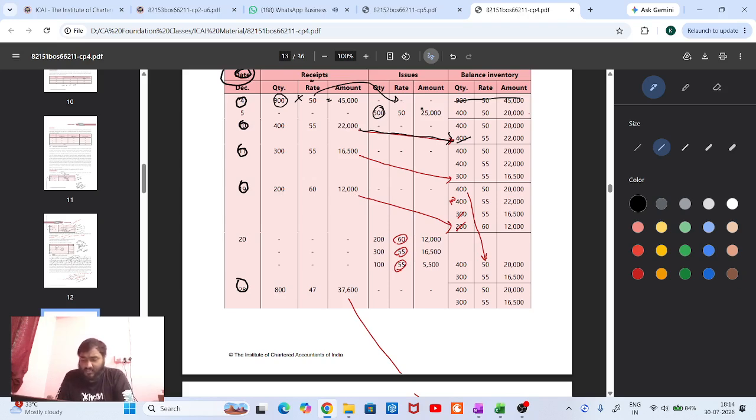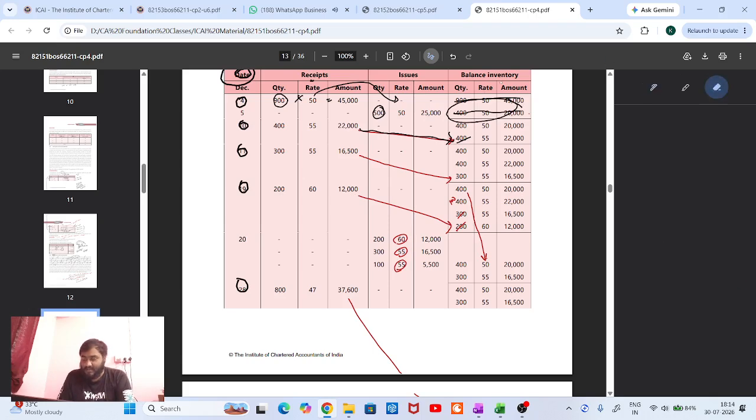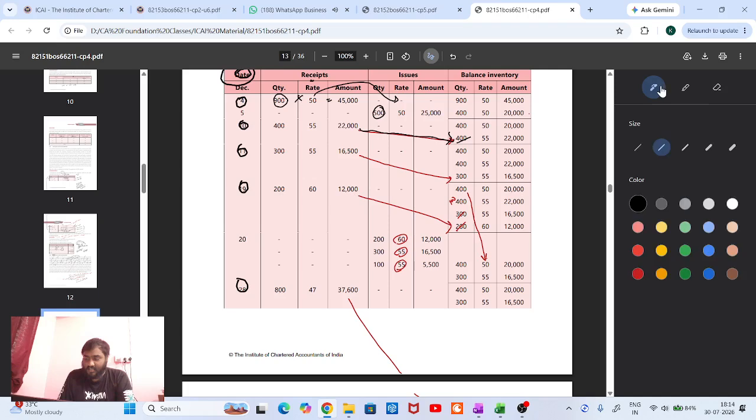What is remaining to us? What is remaining to us? 400 of 50 rupees, which is 20,000, is remaining in our stock. I'm sorry.